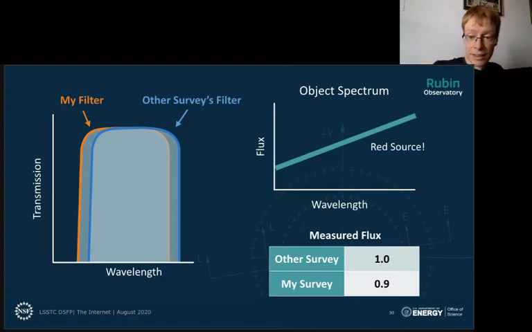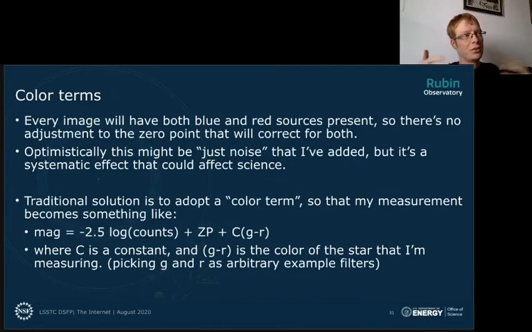And that's challenging, because there's nothing I can do to the zero point that will correct for both the blue stars in my image and the red stars in the image at the same time. So at the very least, I'm adding noise. I'm just scattering these magnitudes around for no reason other than my filter's a little bit different.